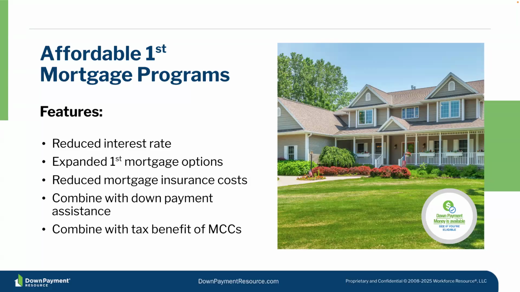As an example, Fannie Mae's HFA Preferred and Freddie Mac's HFA Advantage offer reduced mortgage insurance below a standard conventional product, all with a higher loan to value. You can typically combine these affordable first mortgage products with down payment assistance and or tax credits from those same housing finance agencies.